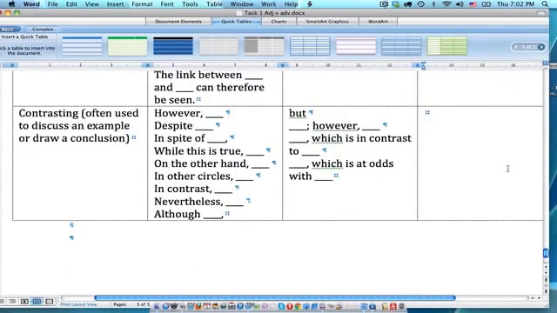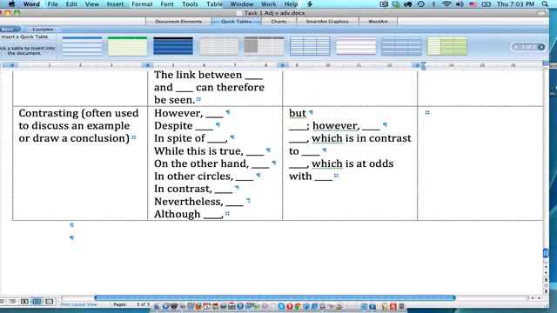Okay, and then the contrasting phrases that we went over were: however, comma; despite; in spite of, blank, comma; while this is true, comma; on the other hand; in other circles; in contrast; nevertheless, comma; although, blank, comma; and then we had but.